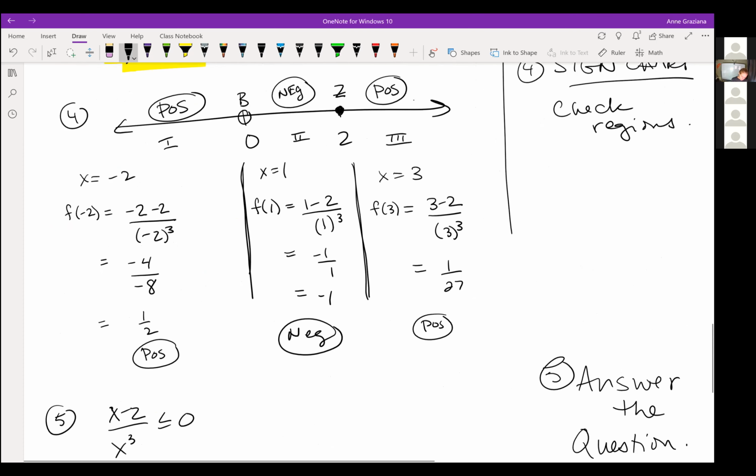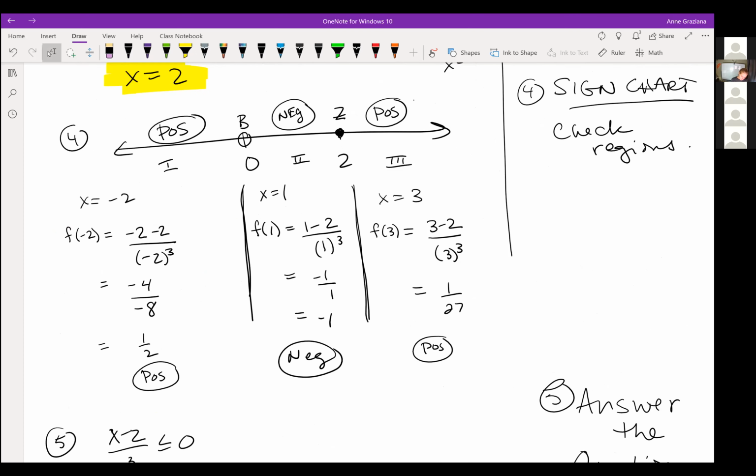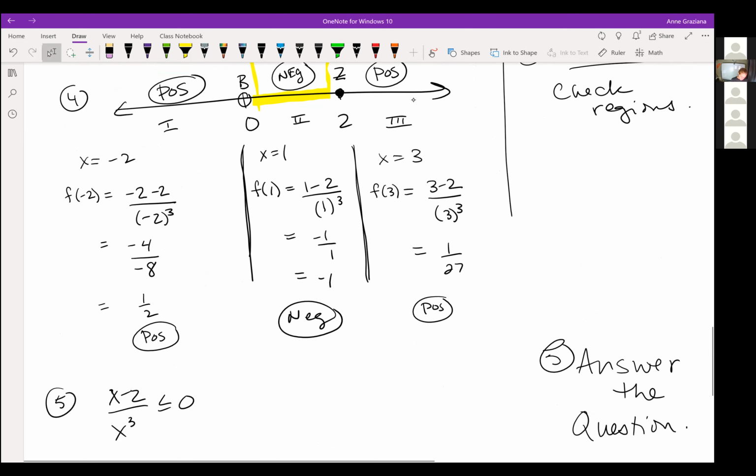So which interval are we going to pick here? This one, right? That's the one less than or equal to 0. So I'm going to go from 0 to 2. 2 can be included. 0 is not.